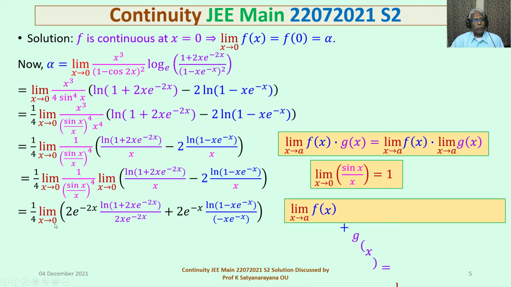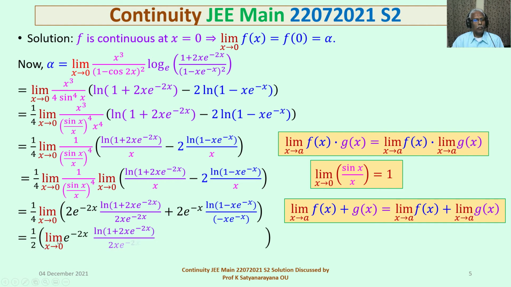And now the limit of this is one function, this is the other function. Therefore, limit of the sum of the functions is equal to sum of their limits. Limit x tends to a of f of x plus g of x is equal to limit x tends to a of f of x plus limit x tends to a of g of x. So 1 by 2 into limit, and this 2 is common in the numerator and the denominator.